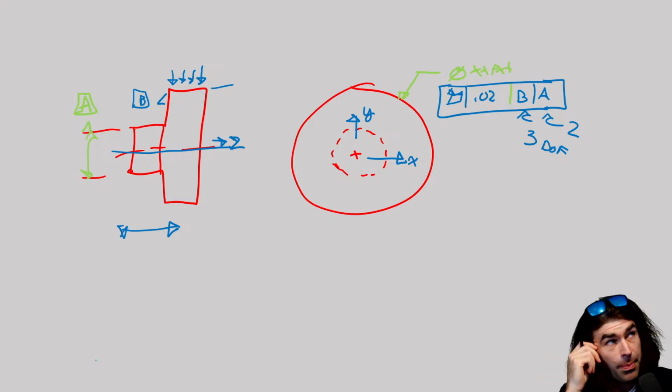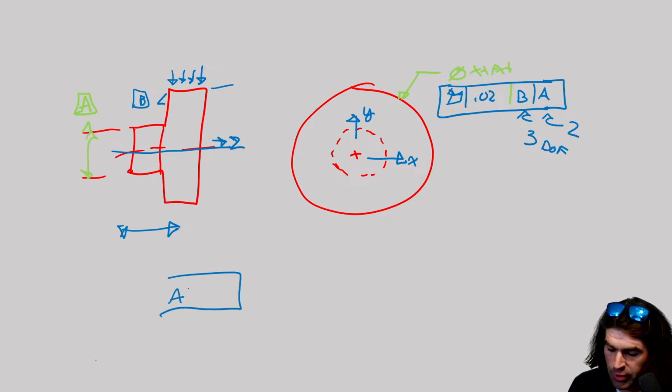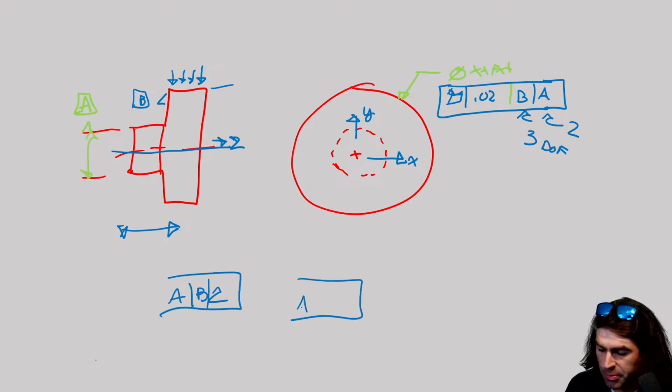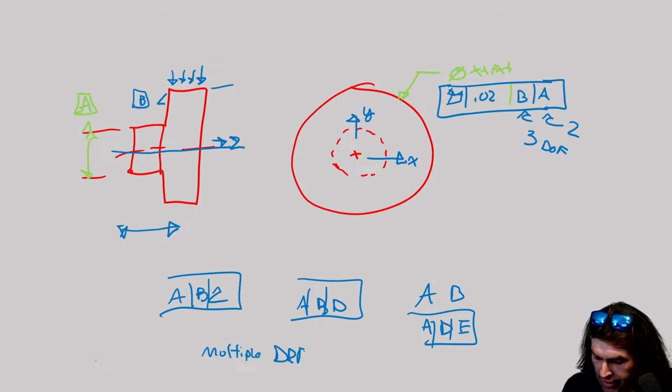So if you have a part where a feature control frame is like A, B, C, and then somewhere else on the part it's like A, B, D, and then maybe even you have, I don't know, A, D, E. That's fine. That just means you have multiple datum reference frames.